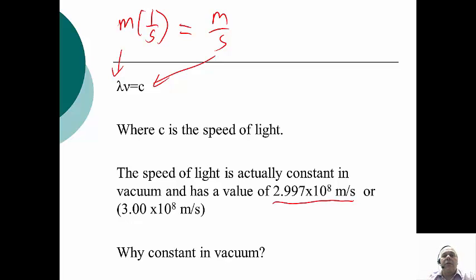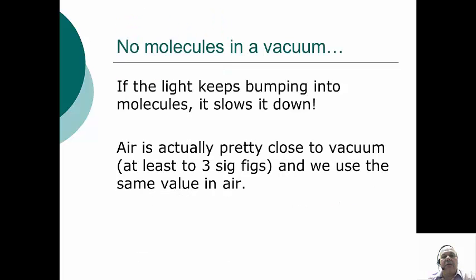We don't need to dwell too much on this now, although we will talk a little bit later about how matter and light interact, but this is only a constant value in vacuum, because if you actually introduce molecules, the light interacts with the molecules and it actually slows down. You know, I've said here that the light bumps into the molecules. That's not 100% physically accurate, because it's actually an electromagnetic interaction more than actually bumping, but you know, it's easy to visualize as a bump, right?